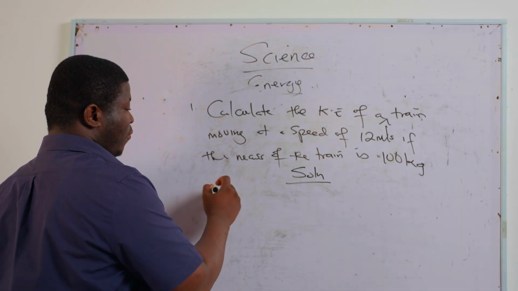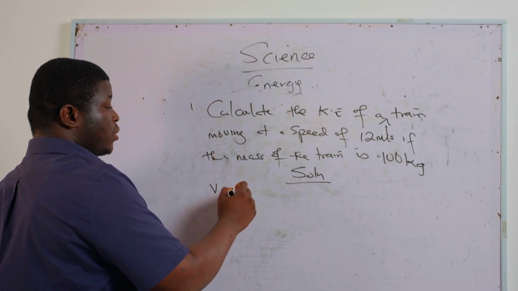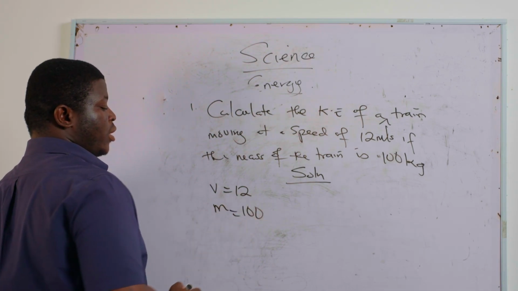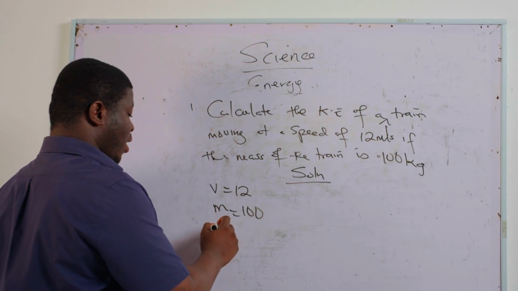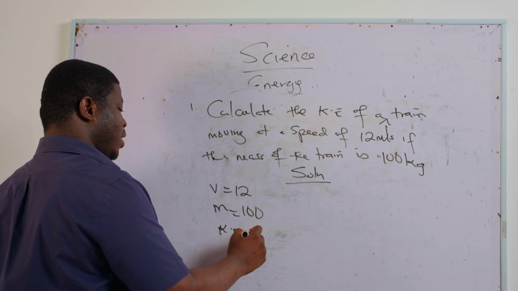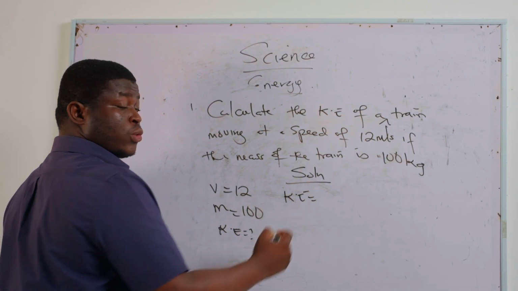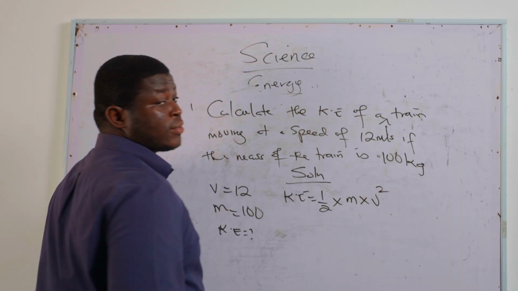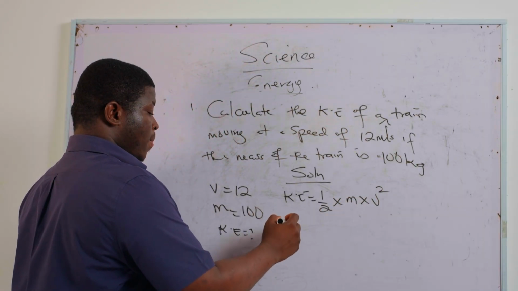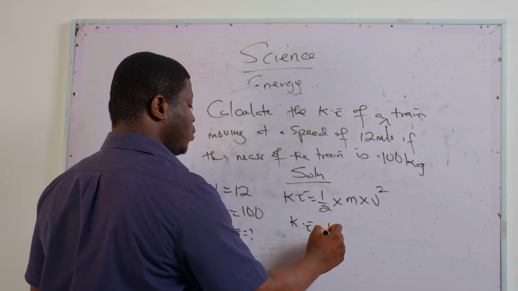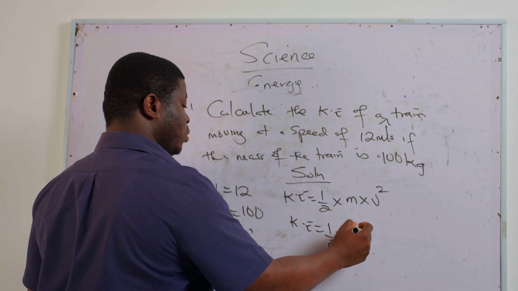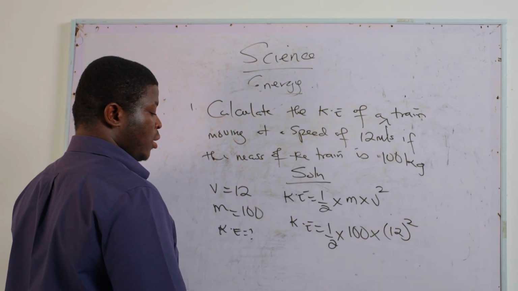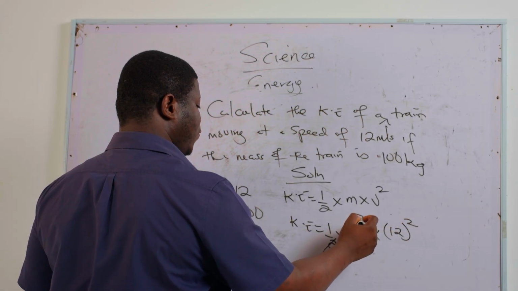The parameters that we have: the speed, which is the same as the velocity, is 12. We have our mass to be 100. Then we are finding our kinetic energy. The formula is 1/2 times mass times velocity squared. So kinetic energy is 1/2 times 100 times 12 squared. The 2 cancels the 100, giving us 50.